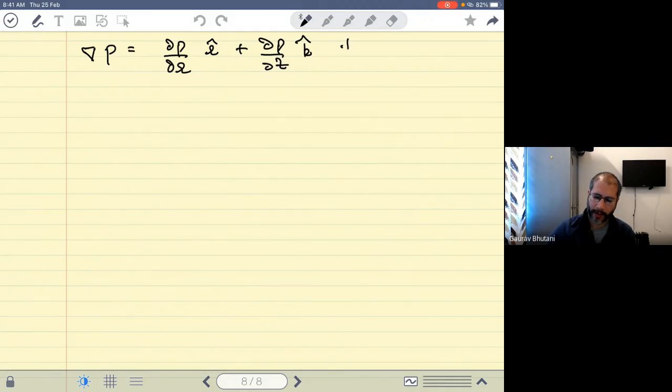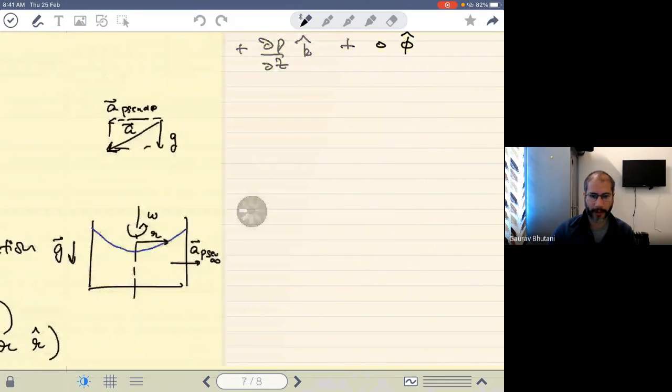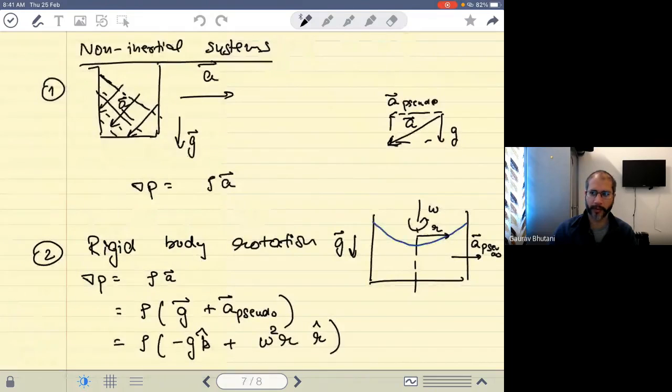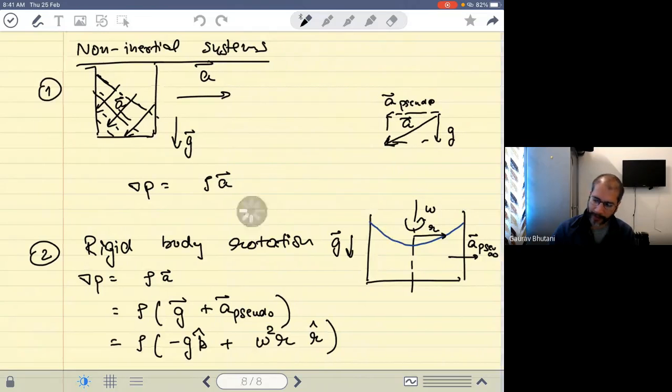So I'll just write plus 0 times phi hat in this case, because this has to be equal to the sum of gravitational force and centrifugal force, but there's no phi hat component on the right hand side.